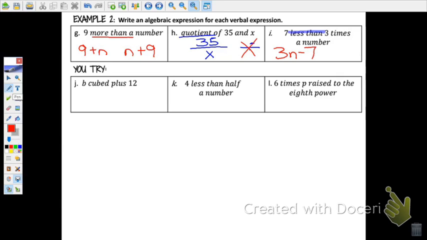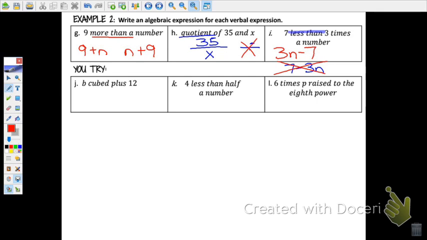Because if I have 7 less than, I'm taking away 7 from something else. If you try to write it as you read it, you would write 7 minus 3n. And that is not correct. Okay? Switching it around when it's a subtraction problem cannot be done. Okay? Addition, like for G, worked, but not with subtraction.